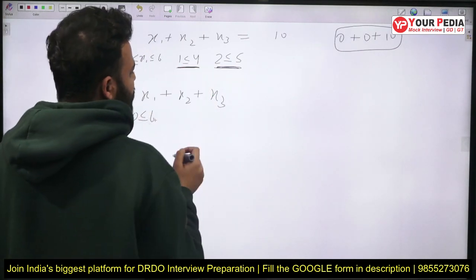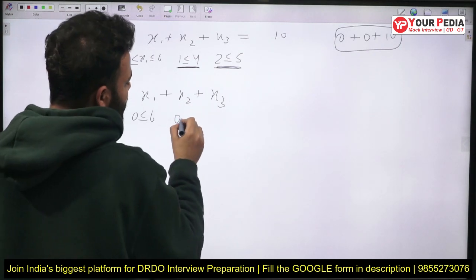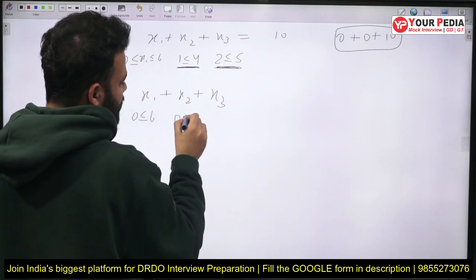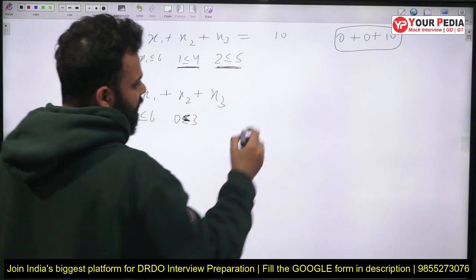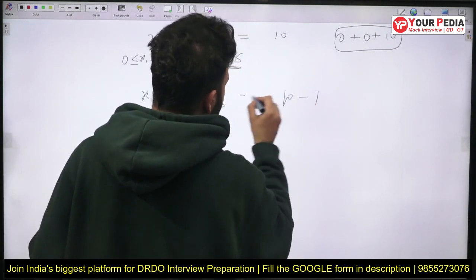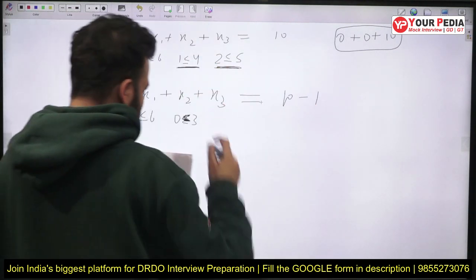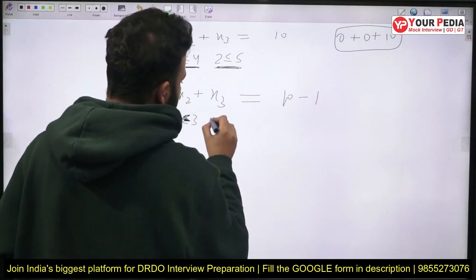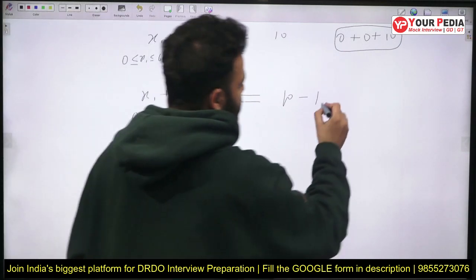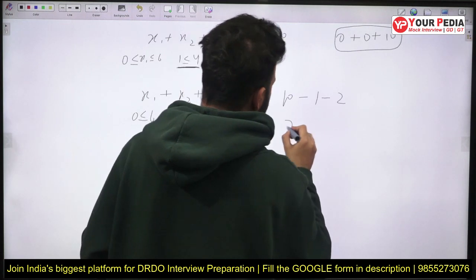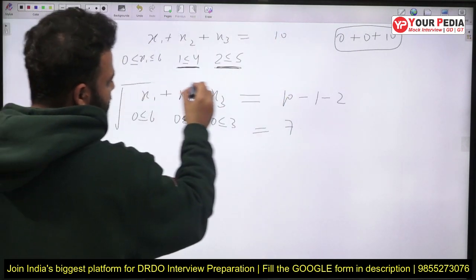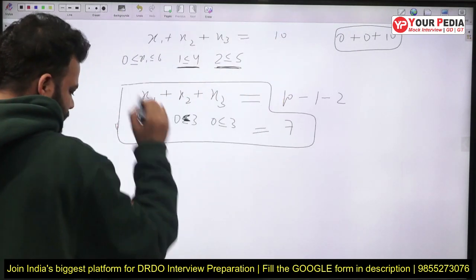Now if I subtract 1 from x2, the constraint will be 0 to 3, and 10 minus 1 here, because I have subtracted 1 here, and for this we will be subtracting 2. So 0 to 3 for this one also, minus 2, so the constraint will be equal to 7. Now this is our question that we have to solve.